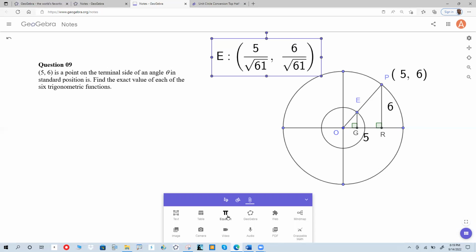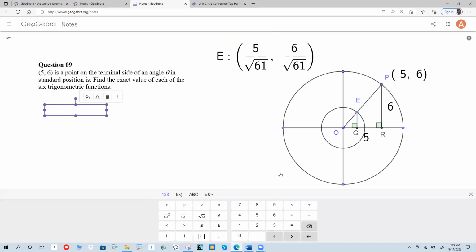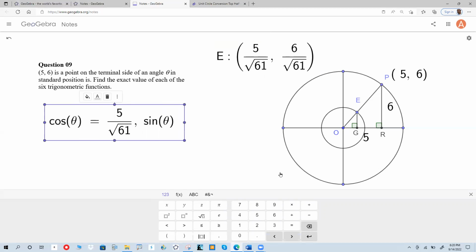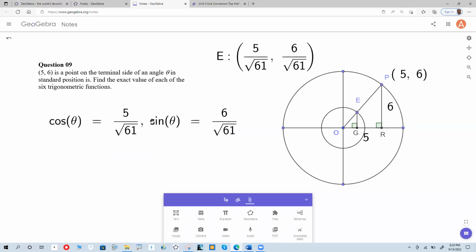Well, cosine theta is simply the x coordinate, which makes it 5 divided by the square root of 61. And let's put sine theta in the same box. Sine theta is the y coordinate. Okay, we got the first two.